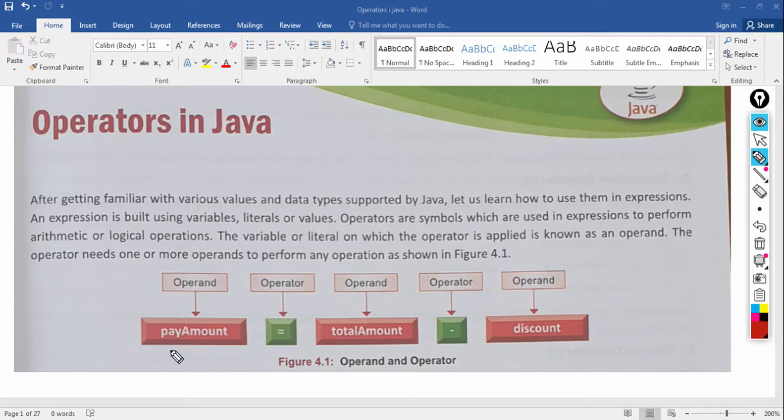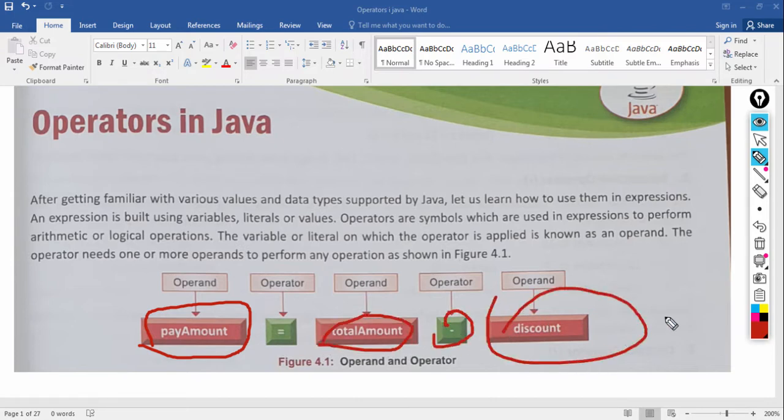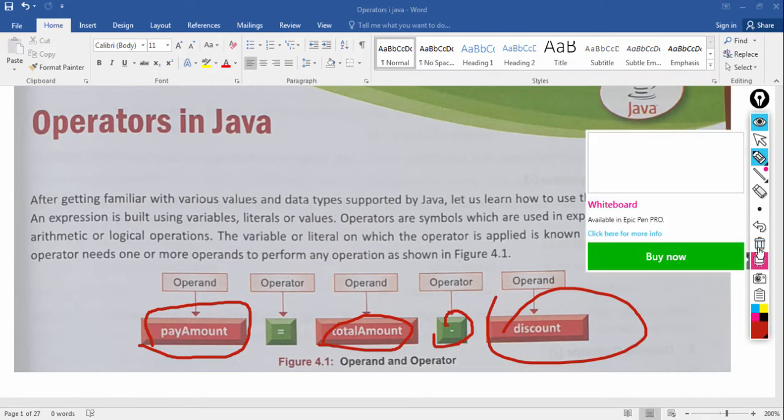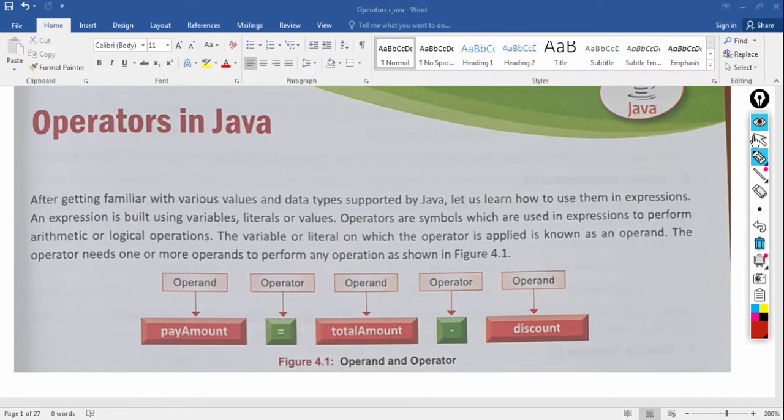So let's look at this example. We have here pay amount equals total amount minus discount. Now how many kinds of operators are used here? There are two operators.